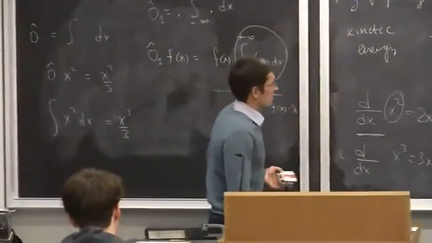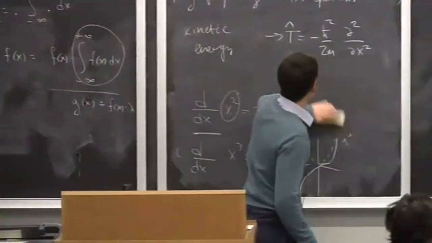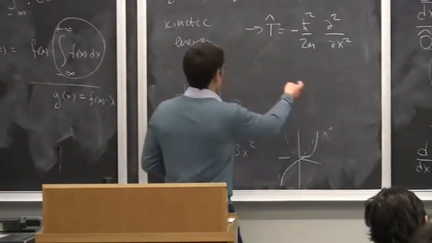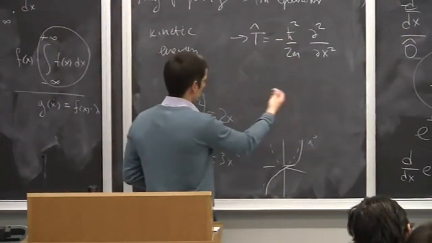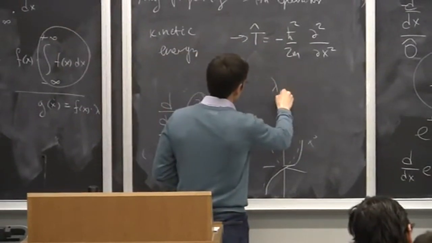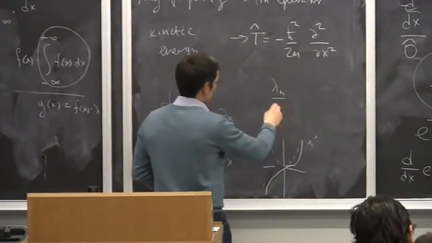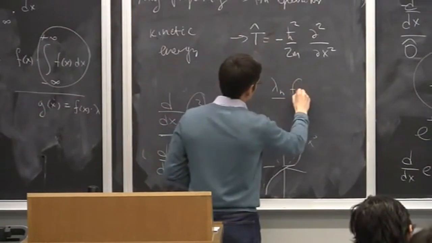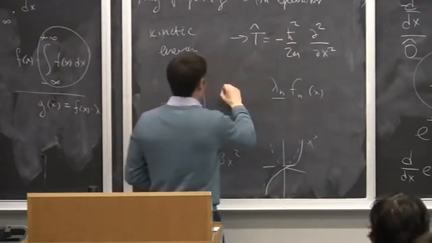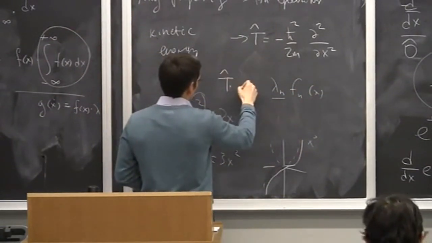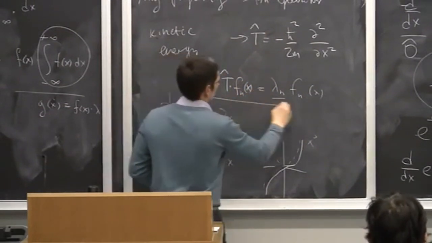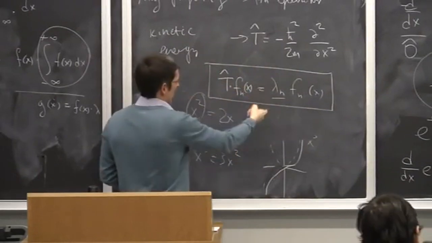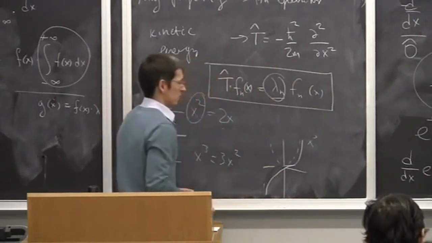Now this is all very straightforward. So essentially, if you measure the kinetic energy, all you get is the eigenvalues corresponding to eigenfunctions, where T acts on these eigenfunctions and gives you these eigenvalues.